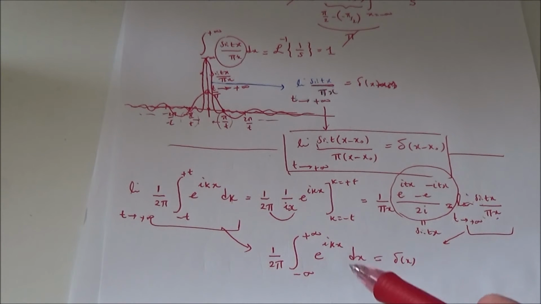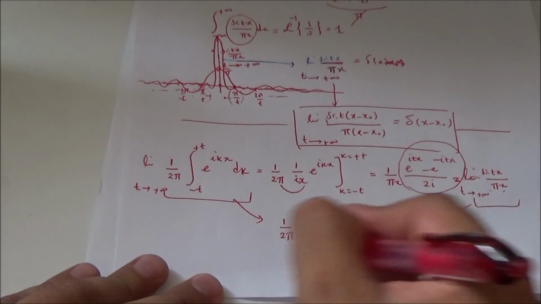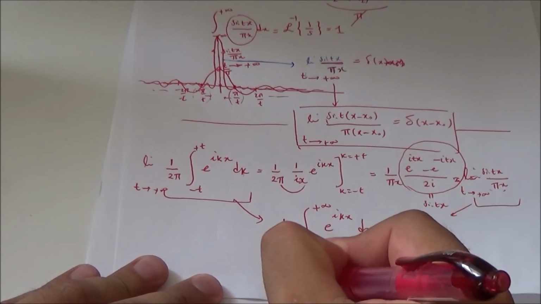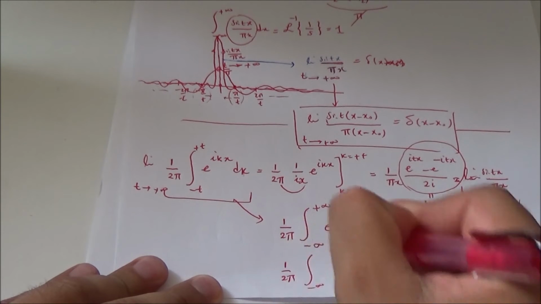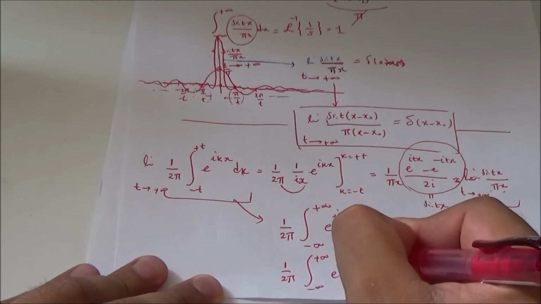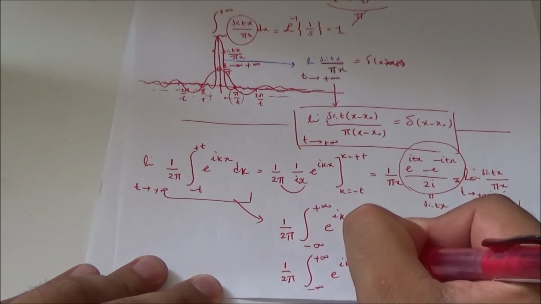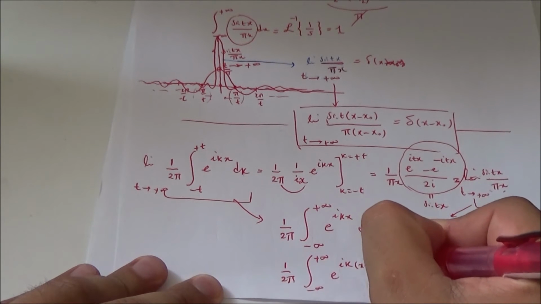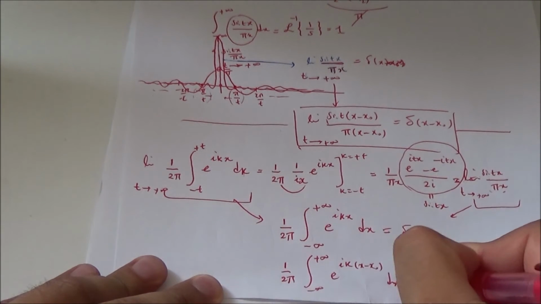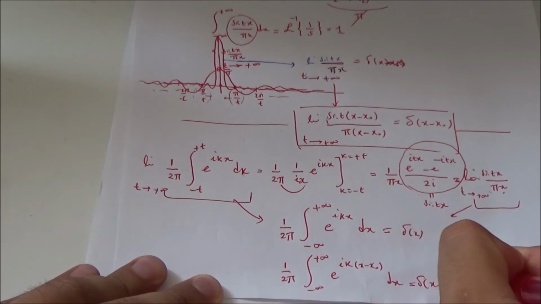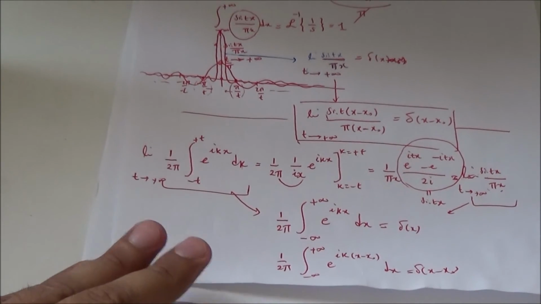This is another representation of the Dirac delta function, and if I generalize this definition, you can show yourself that we have the integral of exponential of ik times x minus x0 dk is equal to delta of x minus x0.